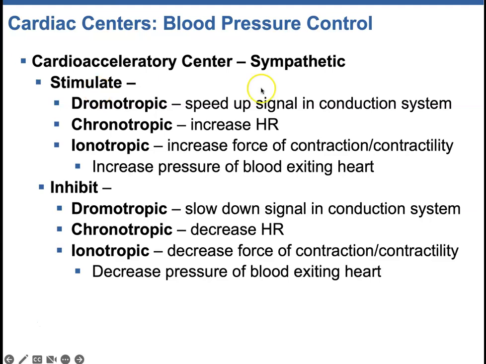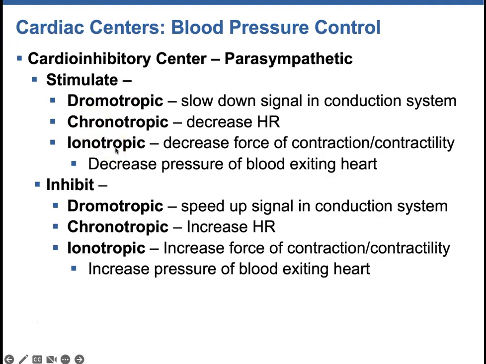If you stimulate the sympathetic response, we're going to have a sympathetic reaction in the signal, the heart rate, and the contractility. Then, if you stimulate cardioinhibitory, that means you are turning on parasympathetic. And if parasympathetic is on, that means that you are inhibiting your sympathetic.